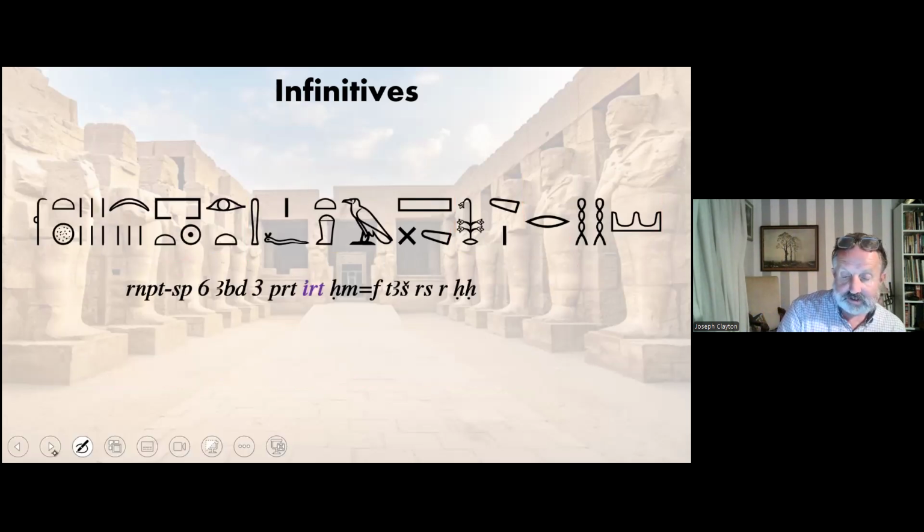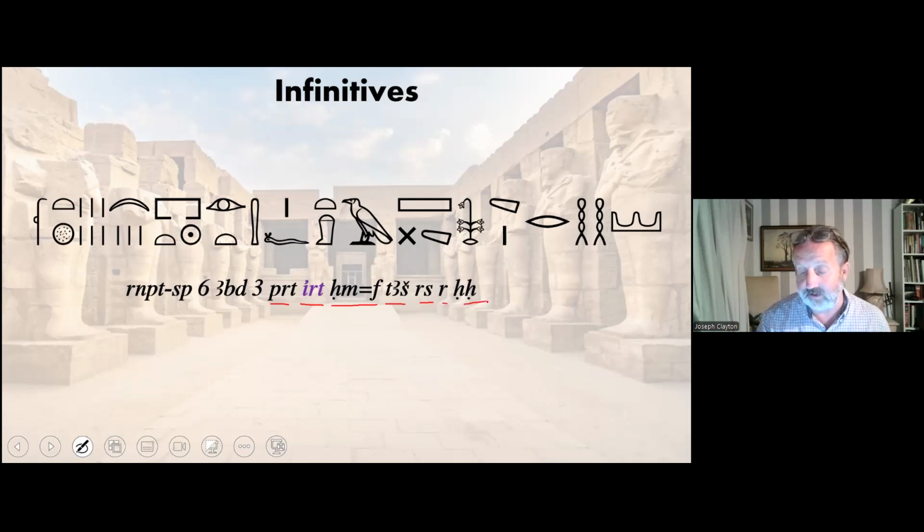Okay, so we've got year 6, month 3 of Peret. The verb is iri, but we've got iret, so that's going to be to make. So making His Majesty, boundary, res or resi, it'll say in the dictionary, look up boundary, south, R, heck.